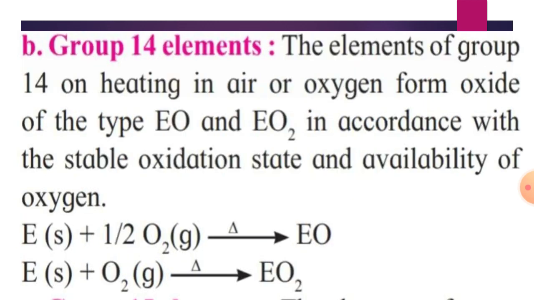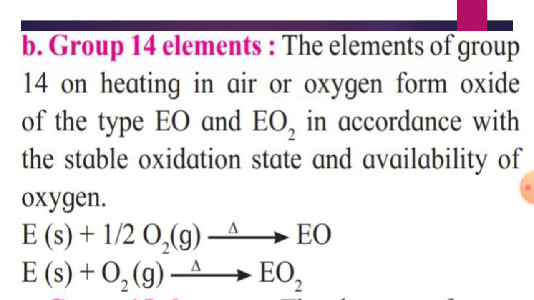Let's move further towards reactivity of group 14 elements with air or oxygen. The elements of group 14, on heating in air or oxygen, form oxides. They also form oxides, but of the type EO and EO2, with respect to the stable oxidation state and availability of oxygen.